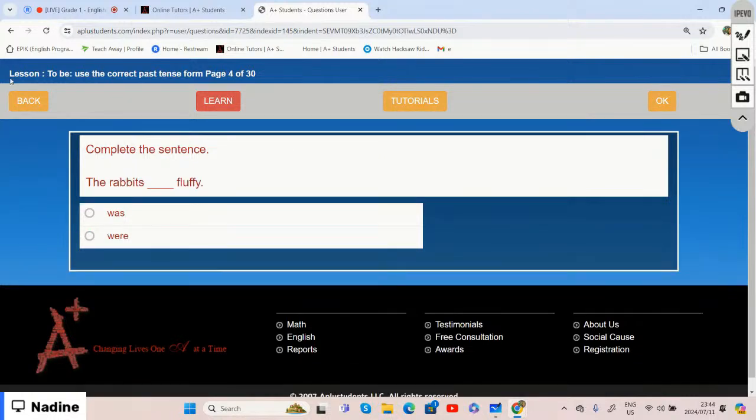All right, the next one says the rabbits. Do we say the rabbits was fluffy or the rabbits were fluffy? This is the last one.